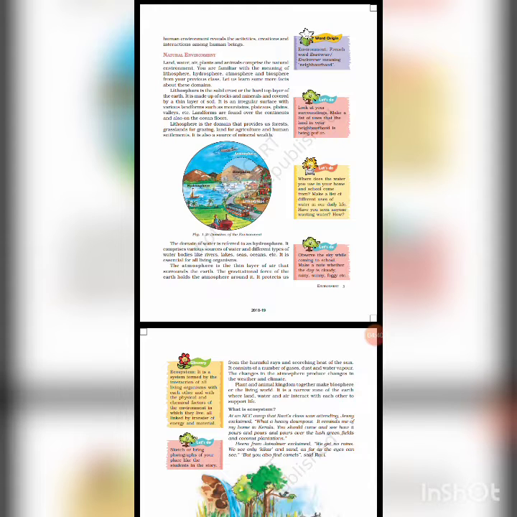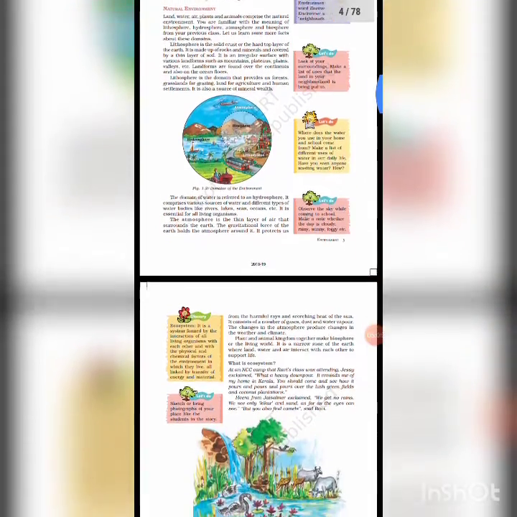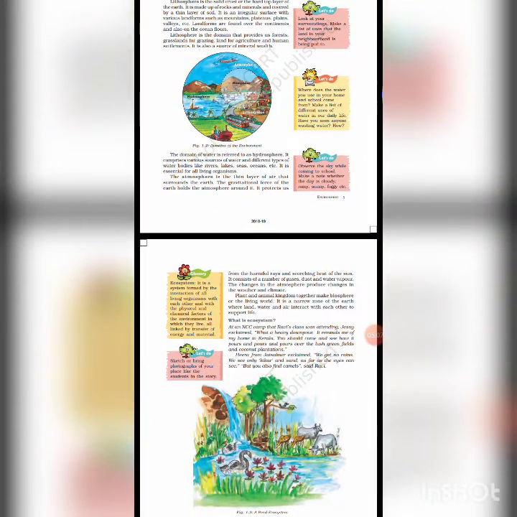There could be an ecosystem of a large rainforest where most of the animals live, grasslands where most of the animals are able to graze, deserts, mountains, lakes, rivers, oceans, and even a small pond also.